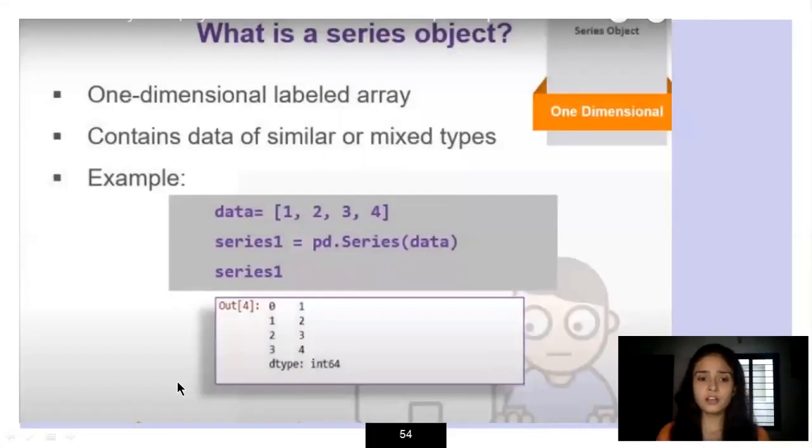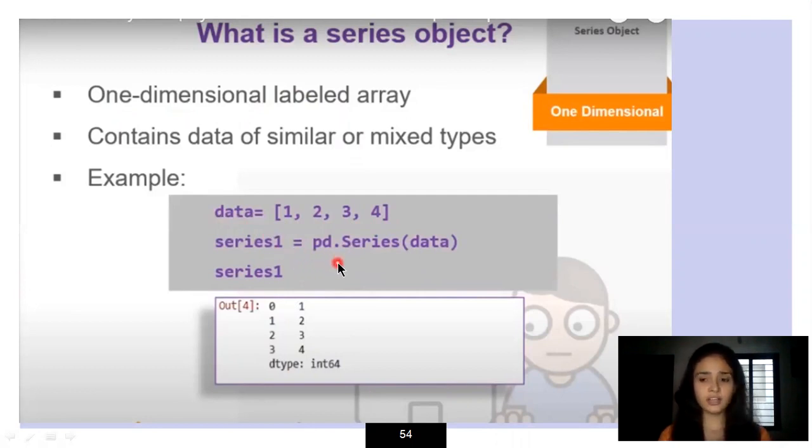So first of all, if you want to create a Series object, you have to create a one-dimensional labeled array. We have already seen what a list and an array are in Python. Here I am creating one list, data = [1, 2, 3, 4]. This is my list, and the variable name is data.